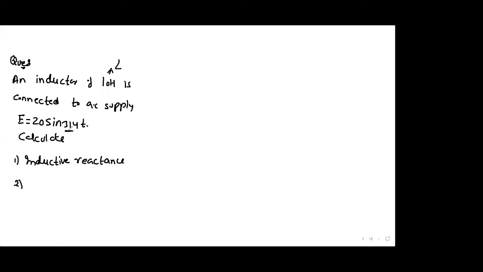This is basically your omega. Instead of 314, take some another value. Take it to be 10t. That's your omega. Next, I need peak value of current. Next, I need equation of current. Last, I need power dissipated.